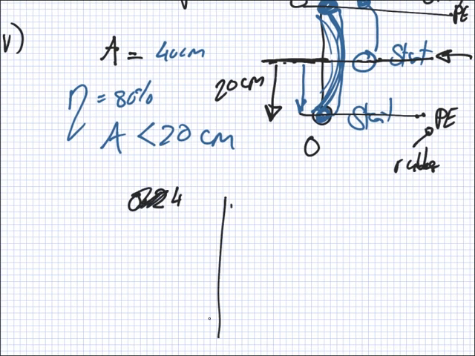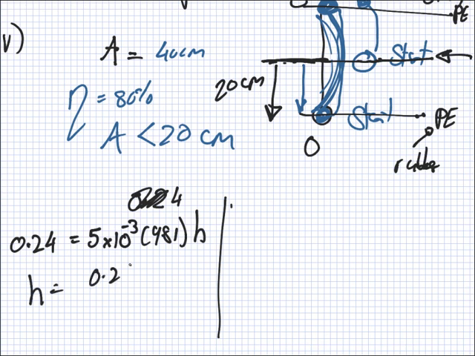If you do it the way I think it should be done, starting here, you have 0.24 equals mgh, with m being 5 times 10 to the minus 3. So h is 0.24 over 5 times 10 to the minus 3 times 9.81. However, if you take the start as being in the middle, what energy do you have here?